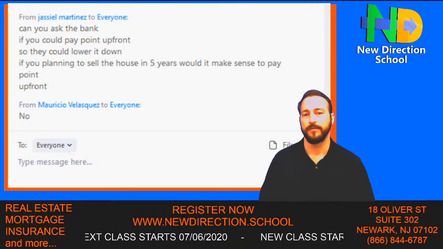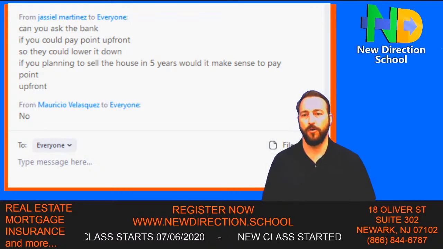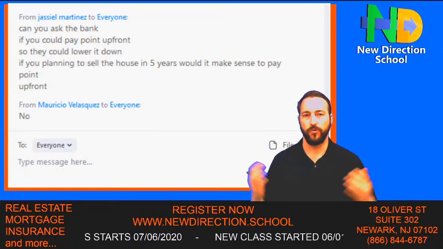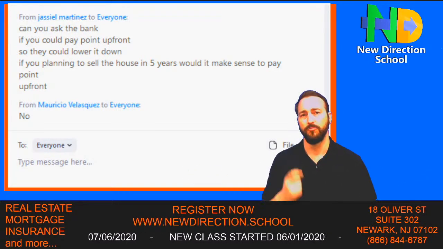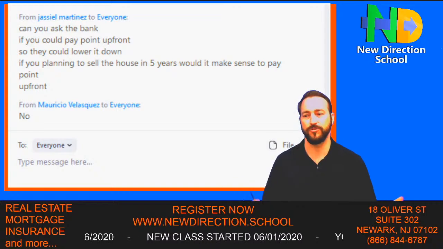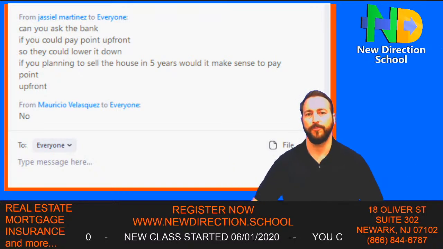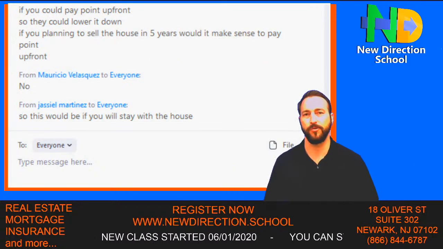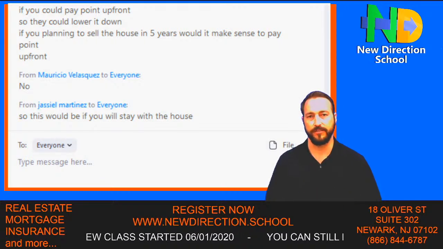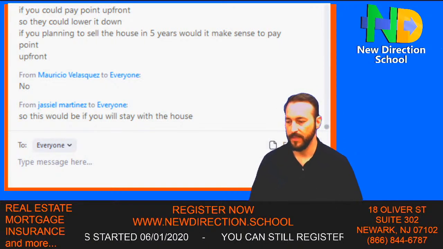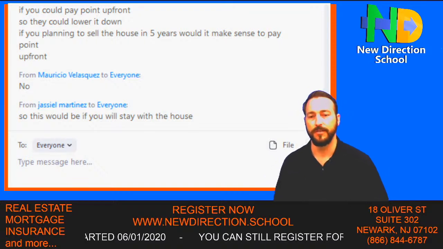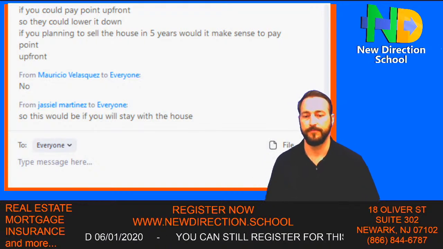Got it? So the upfront points only make sense for long term. That's why I said, if you're not going to stay there for that long, put that same amount towards a life insurance policy or towards an annuity or something, some type of program that will be fixed the same. So this will be if you stay in the house, traditionally, yes.